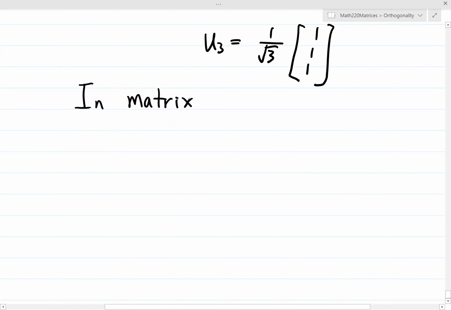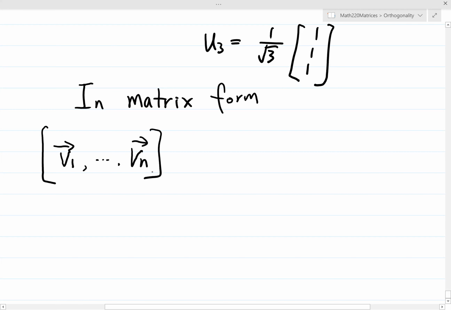In matrix form, the Gram-Schmidt method will be this. We are given V1 through Vn. Remember, they are linearly independent, so this is an invertible matrix.